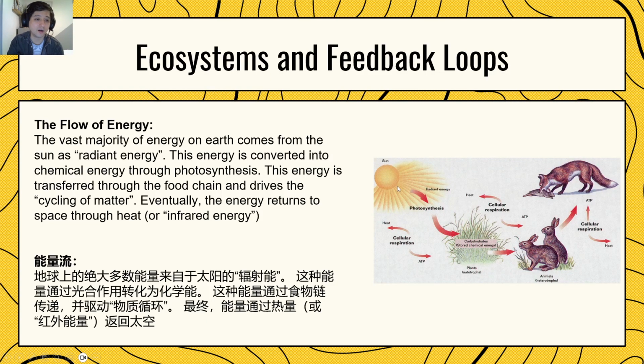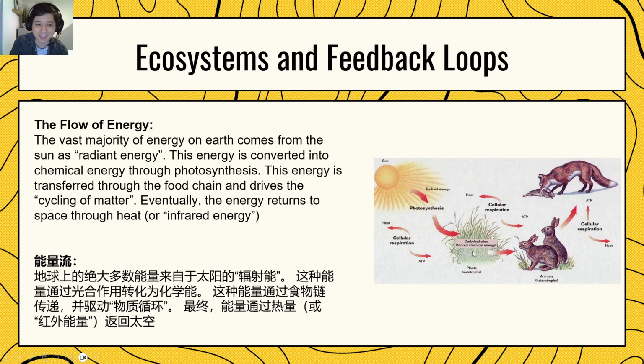This energy is converted into chemical energy through photosynthesis. So now it transforms. That's the word we learned in the previous section. It changes form, and now has become chemical energy through photosynthesis. So now it's stored chemical energy in these plants, right?